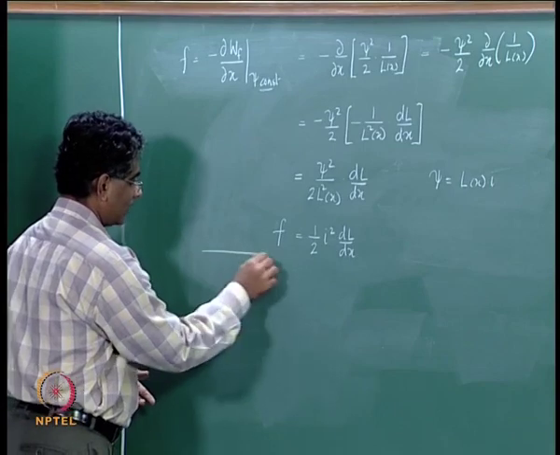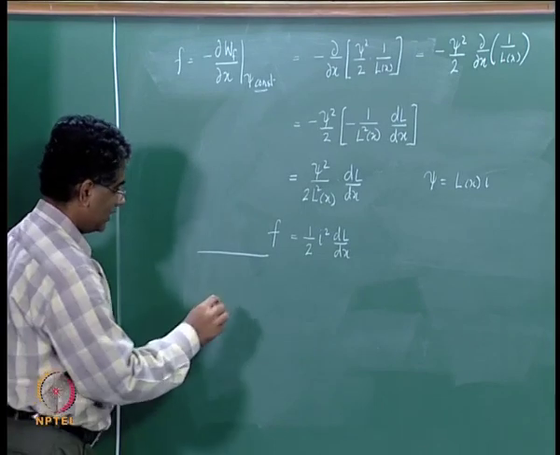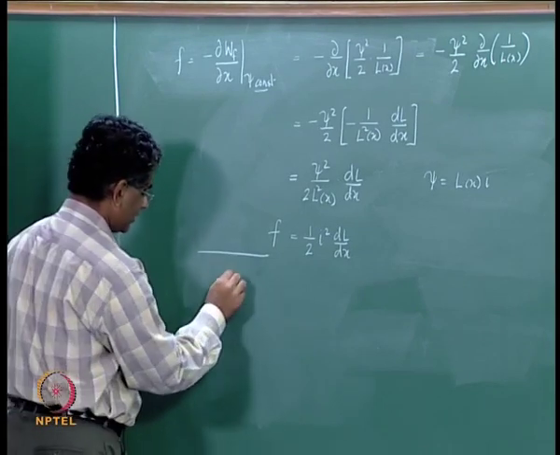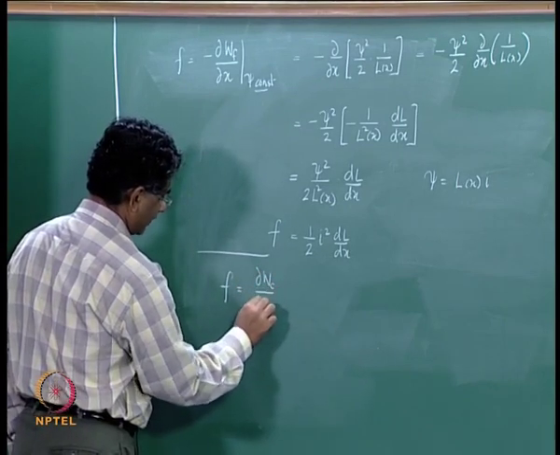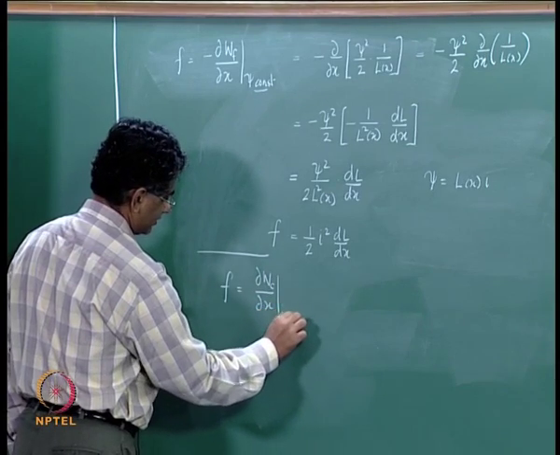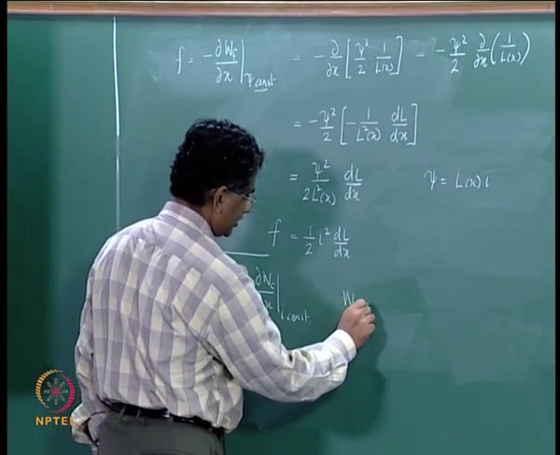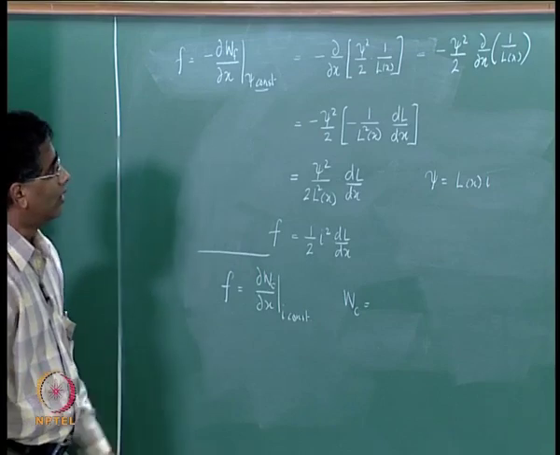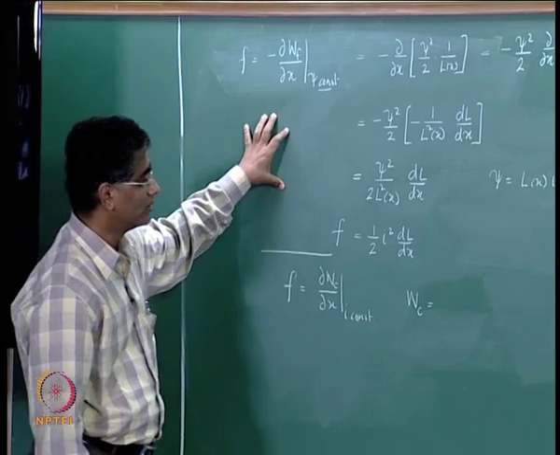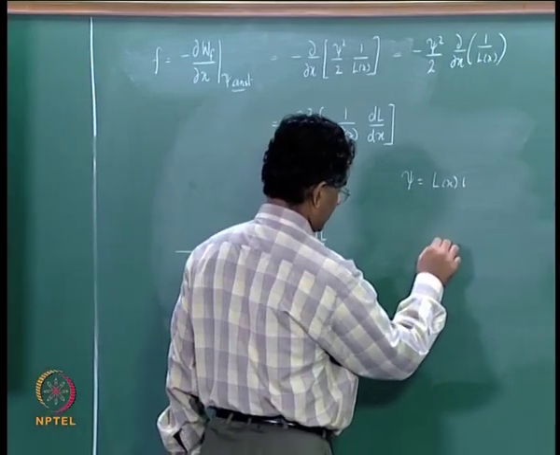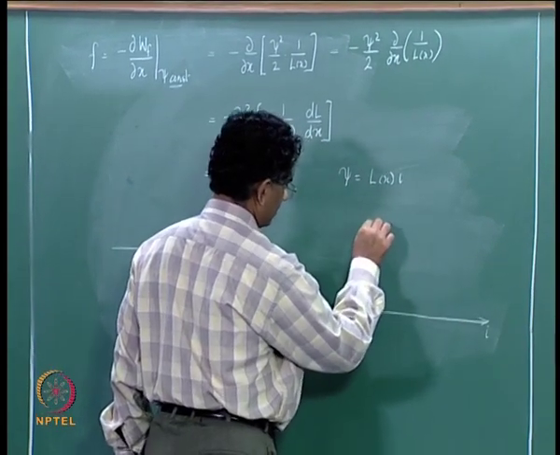Now how about the other expression? We have also said you can derive the force from the co-energy expression, and the co-energy expression says that force is obtained as dou Wc by dou x, keeping I constant, and in this case Wc, the system we are looking at now is a linear system, linear in I and psi, I mean a linear relationship between I and psi.